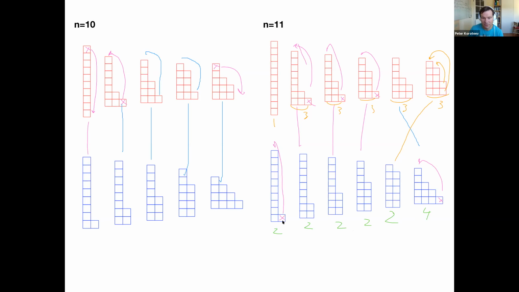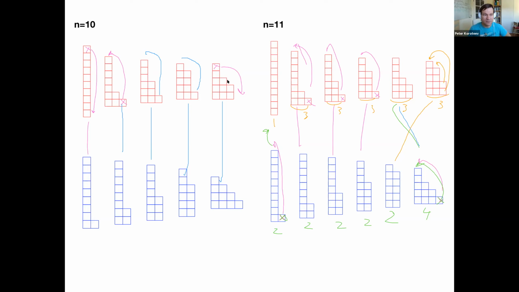To go from 2 to 1, 1 is the smallest, so we take the rightmost block and put it on top. The other 2s have to come from 3s. One of the 3s comes from 4: we take the fourth block, put it upstairs, and that gives us one of the partitions of 3. All the other 2s should come from 3s by taking the rightmost blocks and putting them on top. This is how the rule works.